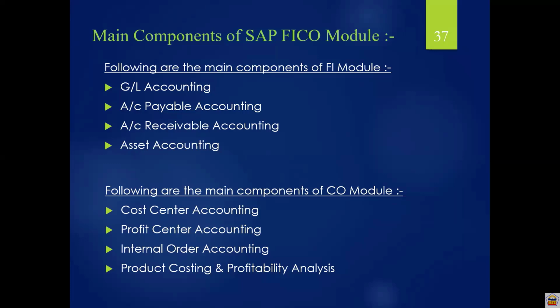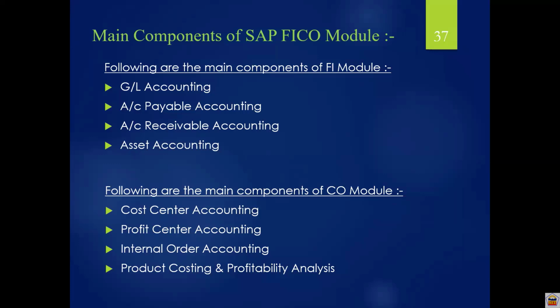Then the last component we have is asset accounting, where we will be creating the fixed assets of the company. Fixed assets here means land, building, plant and machinery. And the important activity we have in this fixed asset accounting is the posting of depreciation. On which set of assets we need to post how much depreciation, that is a kind of monthly activity which we need to carry out in the month end.